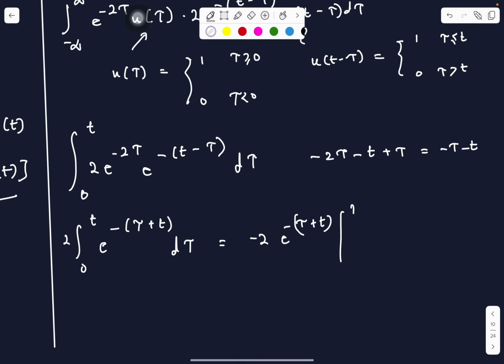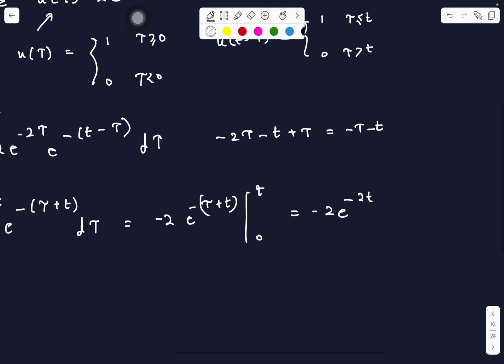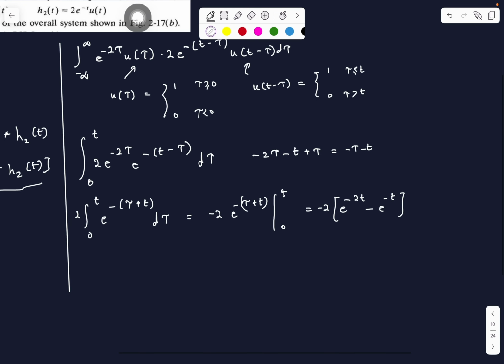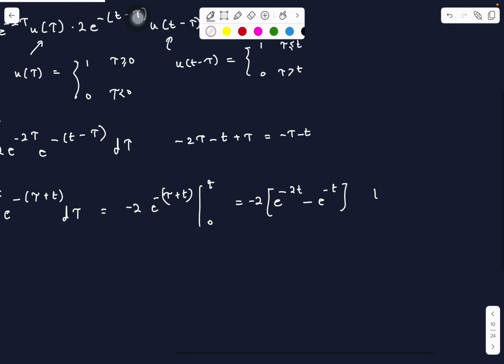And then we substitute the limits. So we get minus 2 exponent negative 2t minus exponent negative t. And this is only valid between 0 and t, so we can say that it's for t greater than or equal to 0.